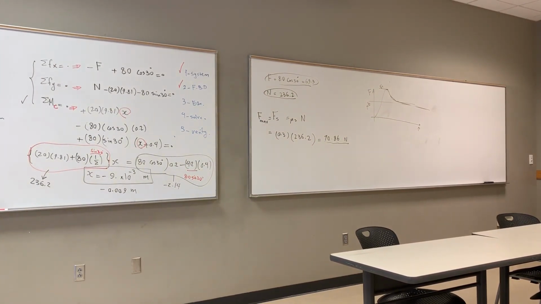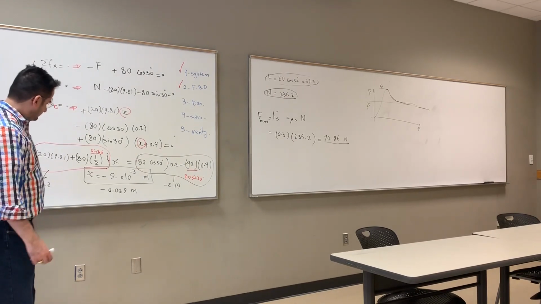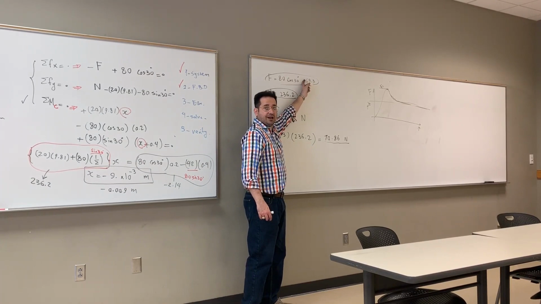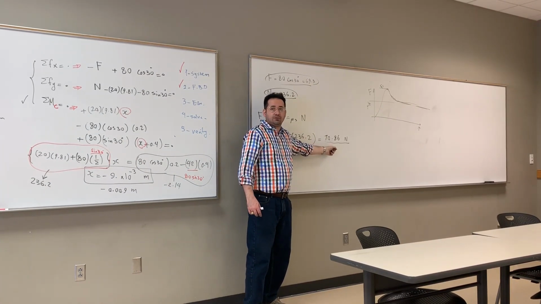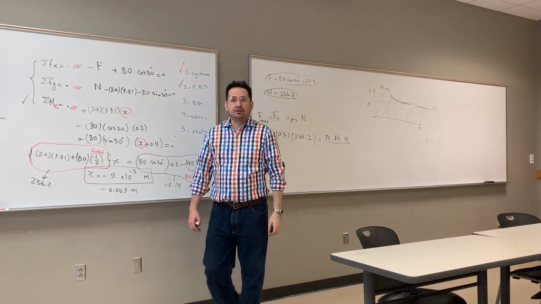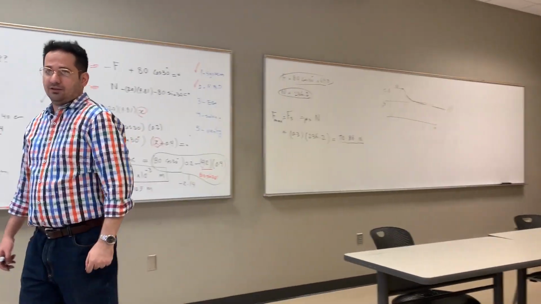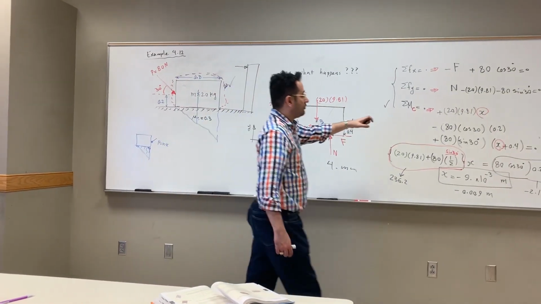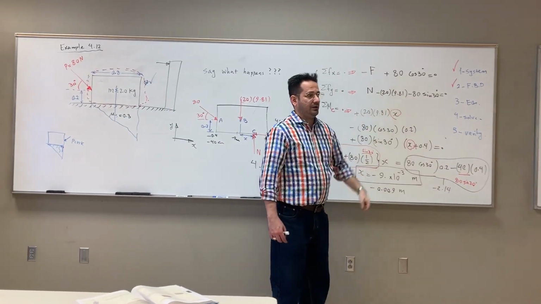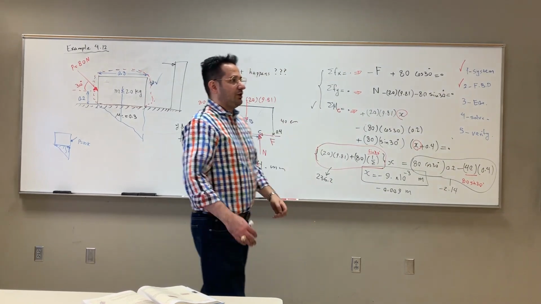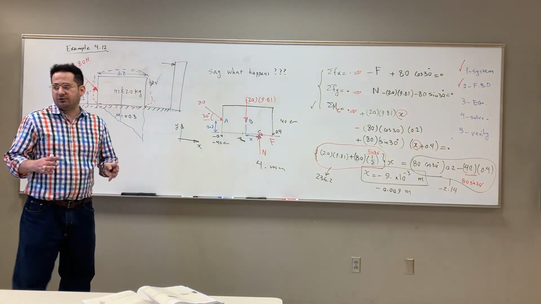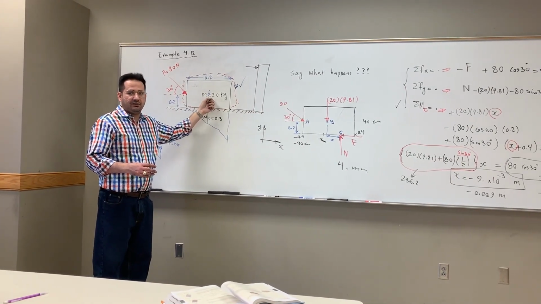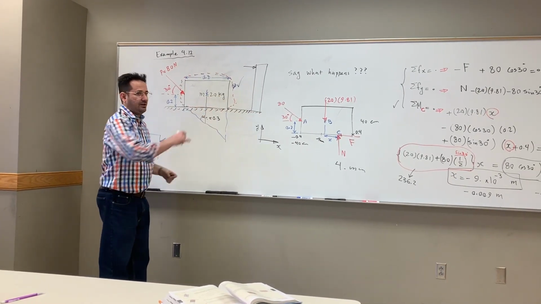Now what's my actual friction force? 69.3. So this actual friction force is smaller than the maximum possible, the potential. So it's not going to slide. If that was greater than that, the equation of equilibrium would not be possible to hold. So the conclusion is that this thing stays at rest. It's not going to slide and it's not going to tip over.